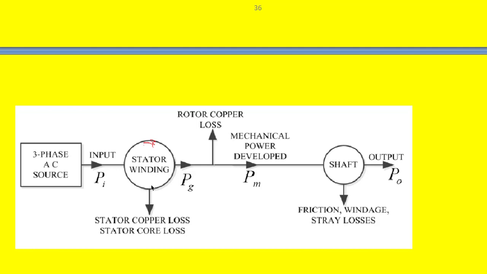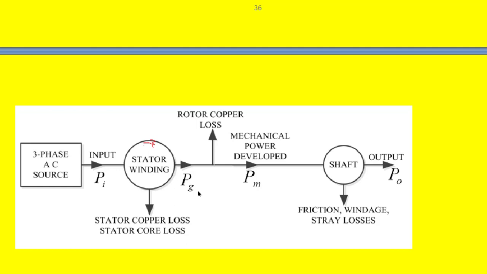Here there are copper losses in the stator winding and also core loss. Once we subtract these losses from the input to the stator, we get the air gap power, which is nothing but the stator output power, and we represent that with Pg.